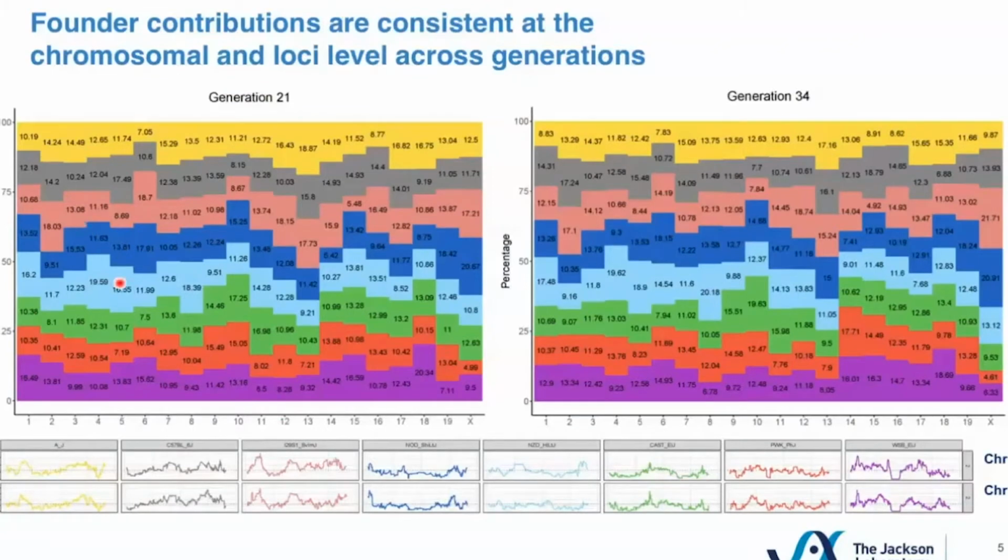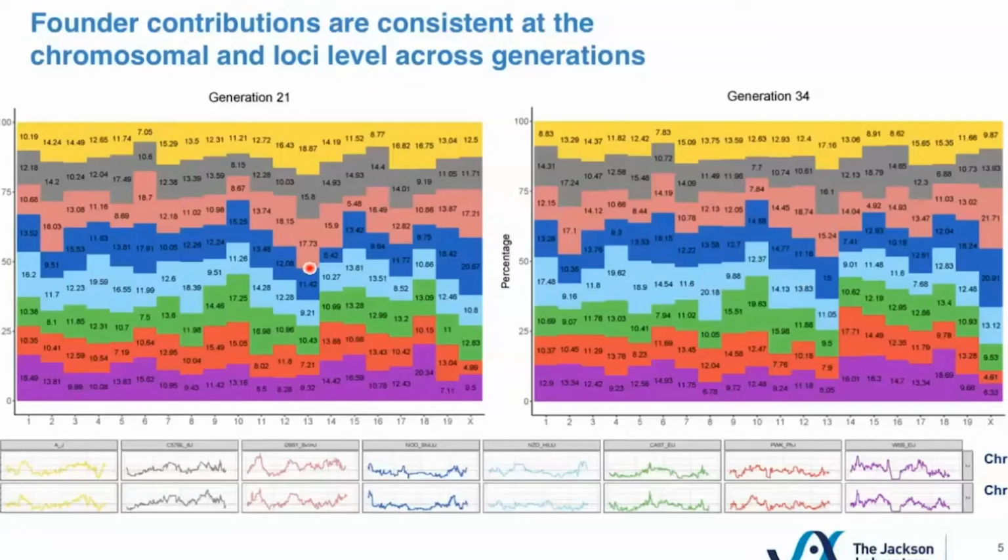What you'll see here is that even though our averages are about what we expect, 12.5% across the whole genome, within generation 21 and all of the animals that we analyzed in that generation, there is variability across the chromosomes. This is not unexpected. The mixture that we originally got from the Collaborative Cross lines being crossed together could possibly contribute to some of these variations across the chromosomes.